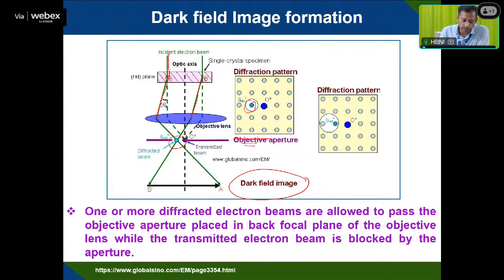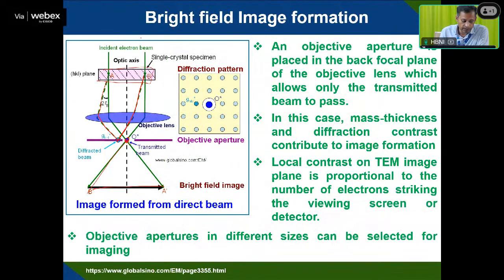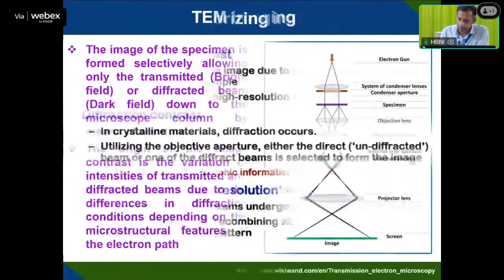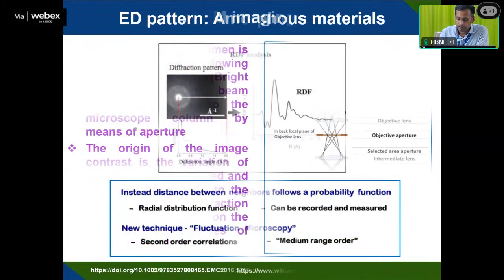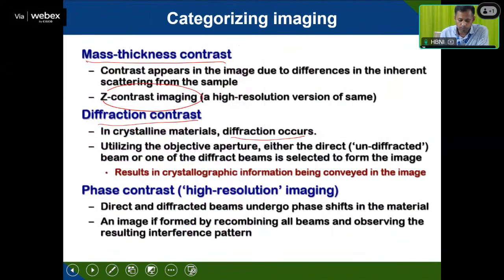By varying the strength of the intermediate lens, if the objective aperture is put somewhere here instead of here, you will be able to get that diffraction pattern, and so you get the diffraction contrast. This results in crystallographic information being conveyed in the image, or the diffraction pattern is used directly to get crystallographic information.